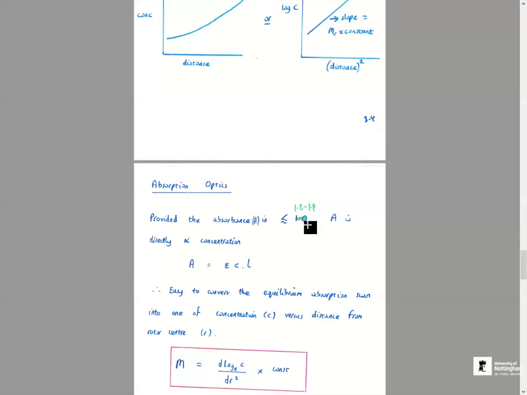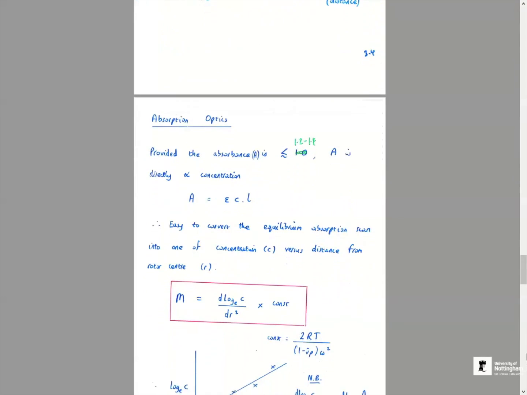So, yeah, for most purposes with the centrifuge, less than 1.2, 1.4 is the limit. And the absorbance is directly proportional to concentration.